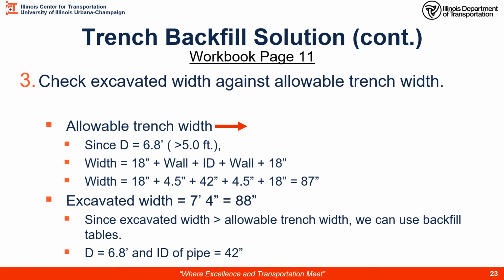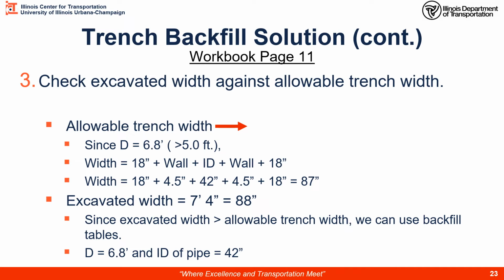Then our last check is to see if we can use the trench backfill tables. So we look at the allowable trench width. D is obviously 6.8 feet, which is greater than 5 feet. So we're in a situation where you have 18 inches, wall thickness, inside diameter, wall thickness, and 18.